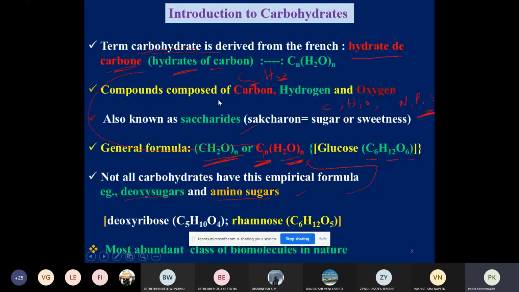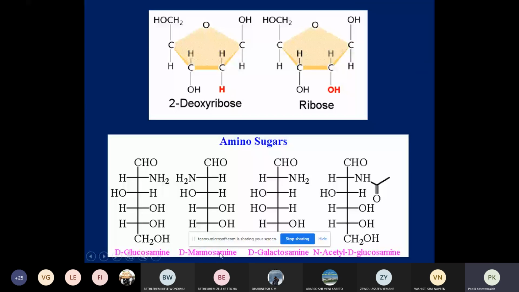In the same way, amino sugars like glucosamine, mannosamine, galactosamine, and N-acetyl glucosamine. This is the structure of glucose, and this is glucosamine, this is mannosamine, this is galactosamine, and this is N-acetyl glucosamine. All these are amino sugars.